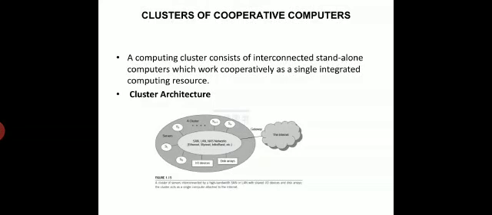Coming to the concept of a computing cluster, what exactly does it mean? A cluster is a type of parallel or distributed processing system that consists of interconnected stand-alone computers, like desktop or laptop computers, which work cooperatively as a single integrated computing resource.